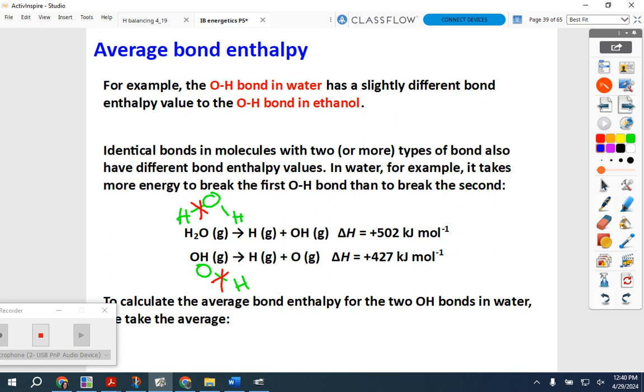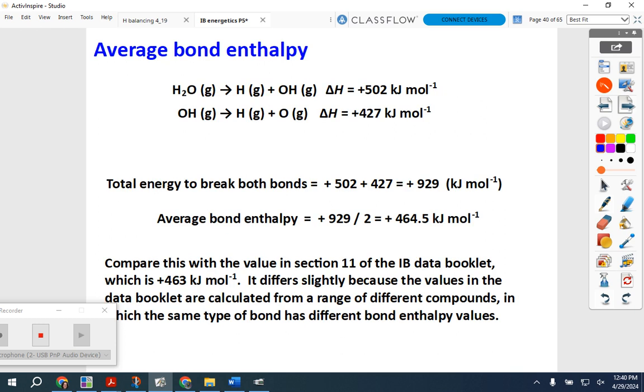And so if we average those numbers, we end up with something in between, obviously. And if you look at, say, the averages for the 2 OH bonds in water, they average out to about 464 kilojoules per mole. And the data booklet gives you an overall average of 463, so pretty close to that.